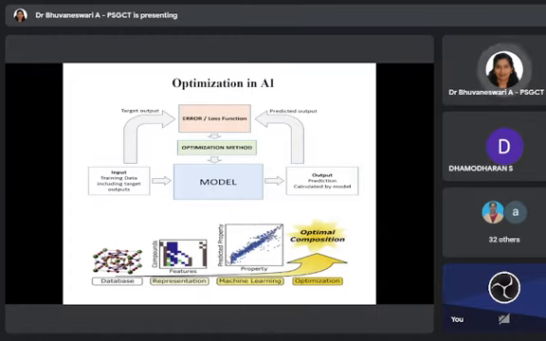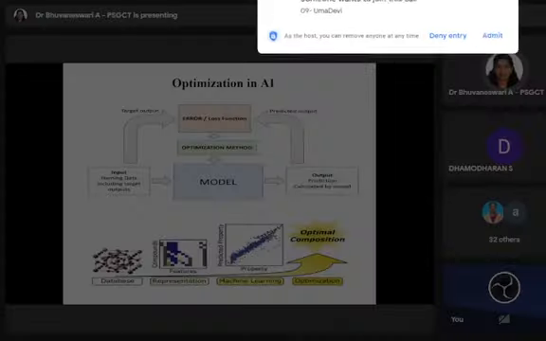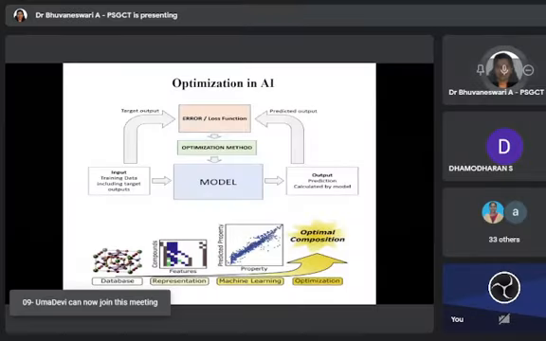So this model, once it is executed with the prescribed input, you will get the relevant prediction. Okay, so this is what the optimization process is in AI. In normal machine learning algorithms, optimization is moderately used.